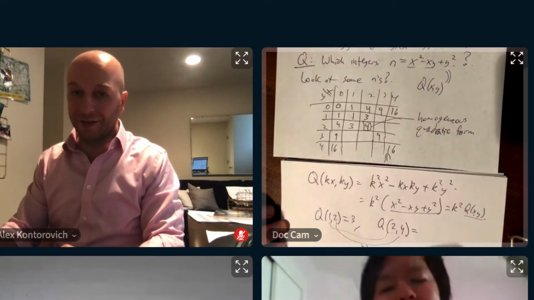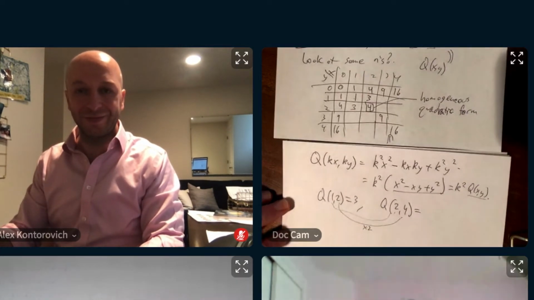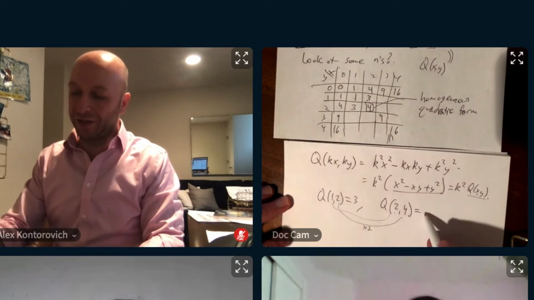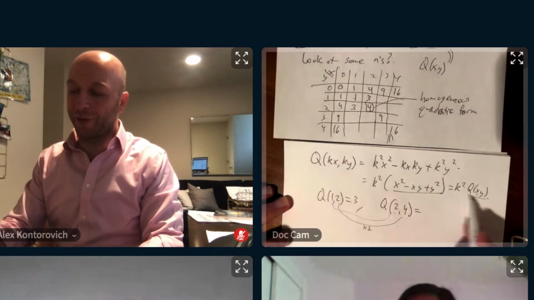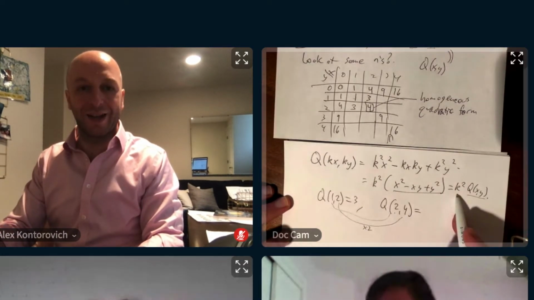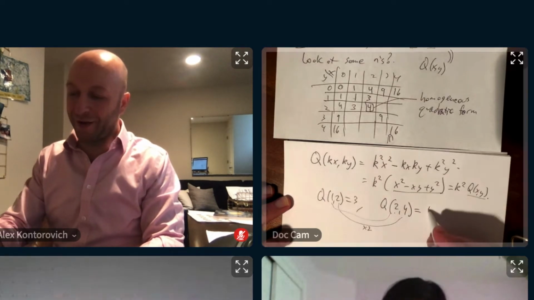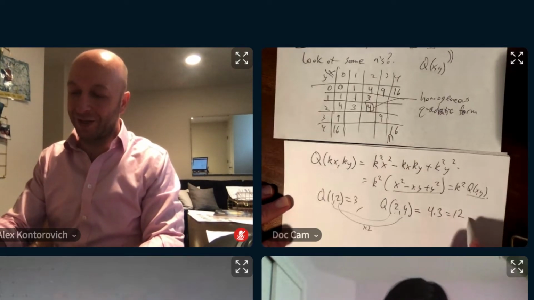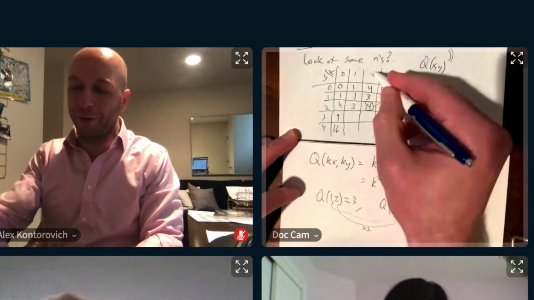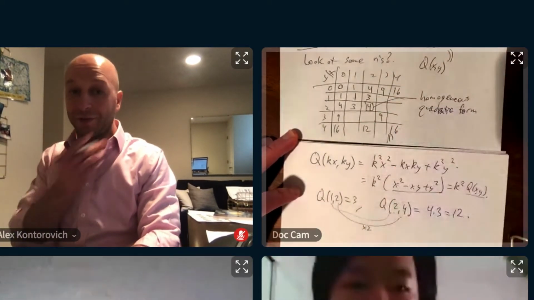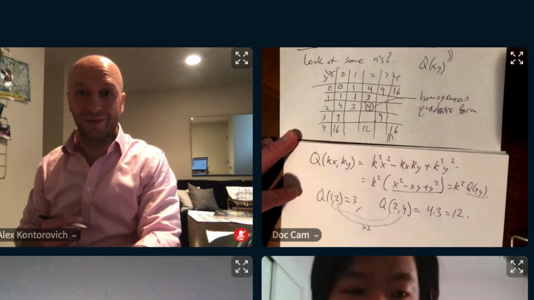So what will happen to the value of the quadratic form? It'll multiply by 4. So you get 12 here. So I automatically know that the 2, 4 entry is 12 without doing anything. Does that make sense?